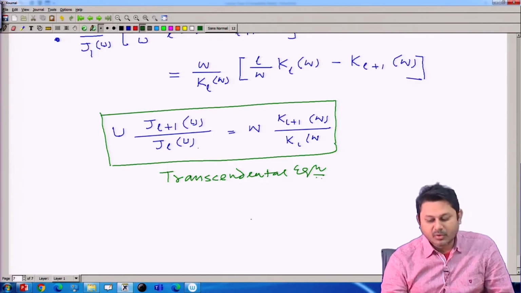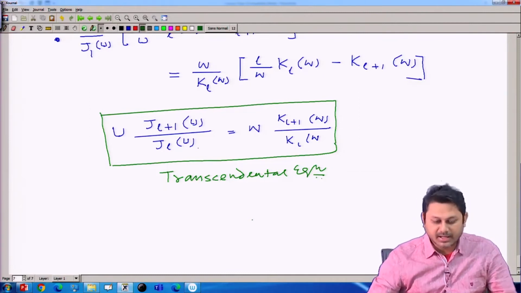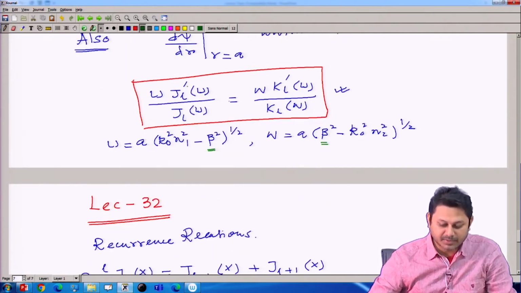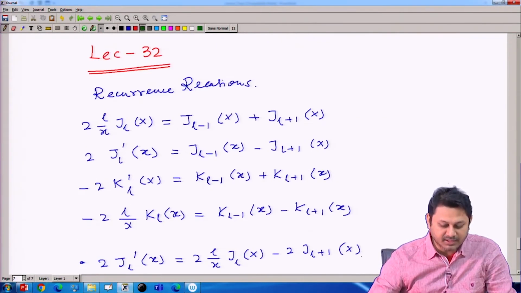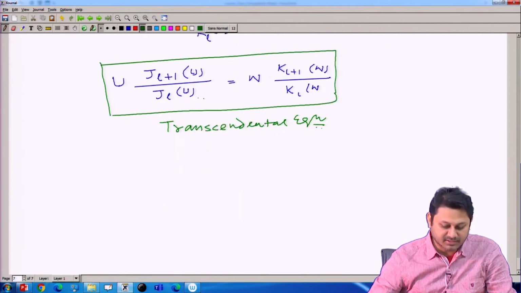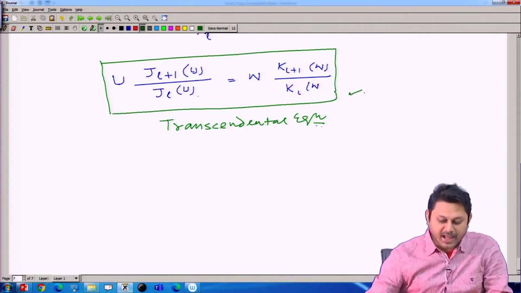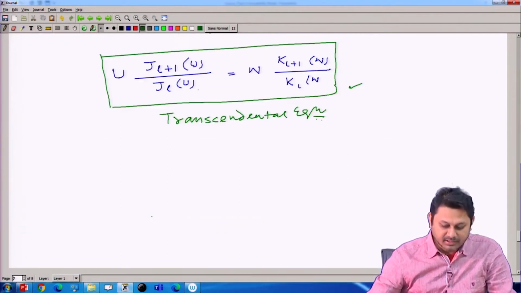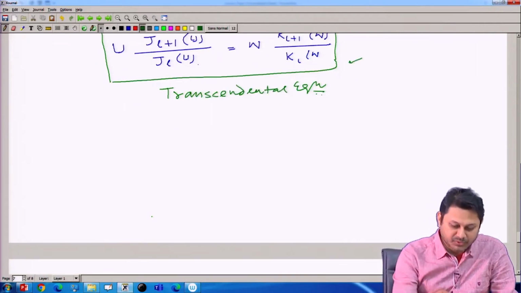In the previous equation I had the prime, which is the derivative of the Bessel functions. I just removed this derivative by using the recursion relation, that is all. Please check this recursion relation and try this exercise, and you will find an equation something like this.